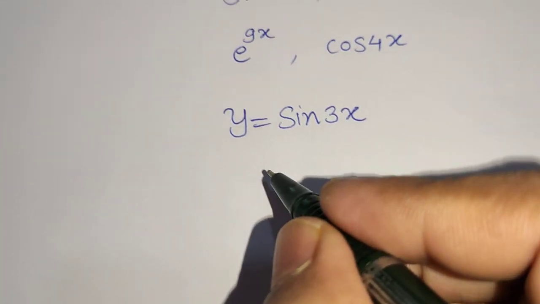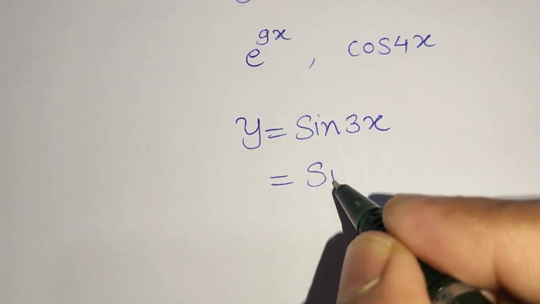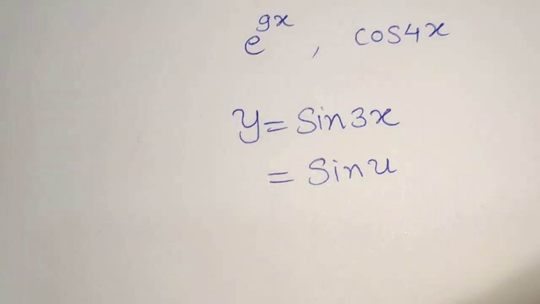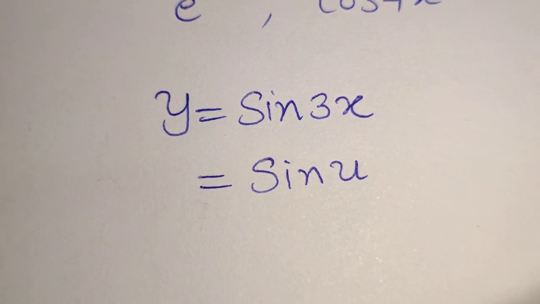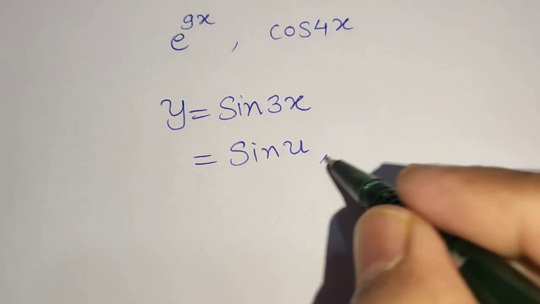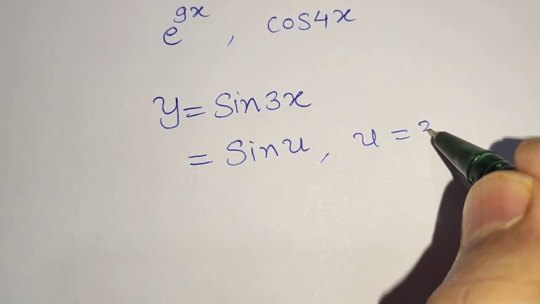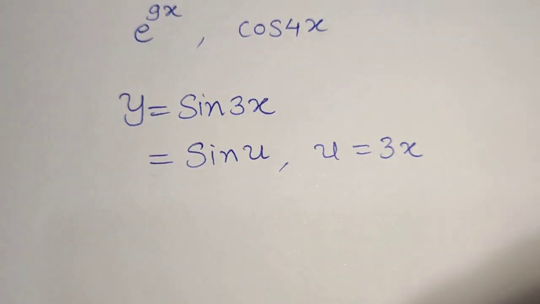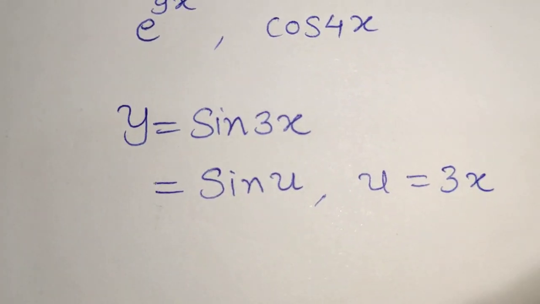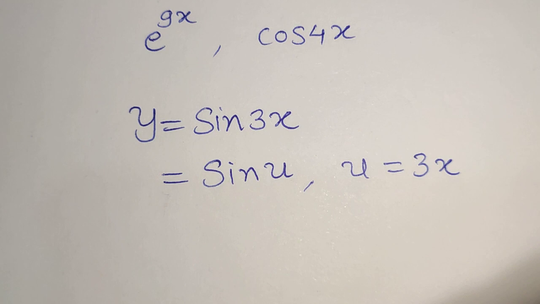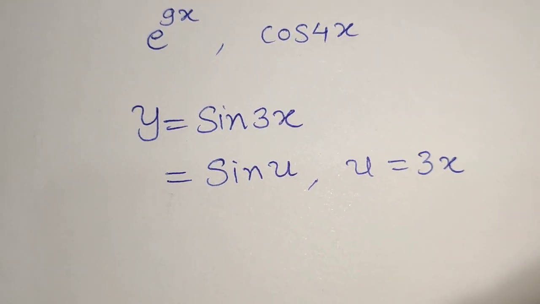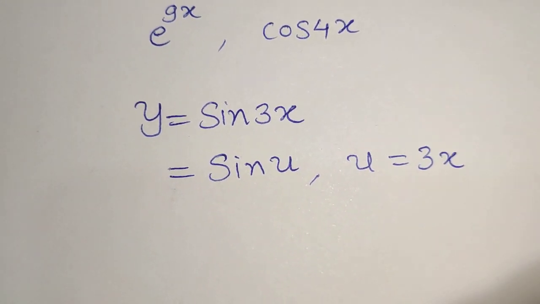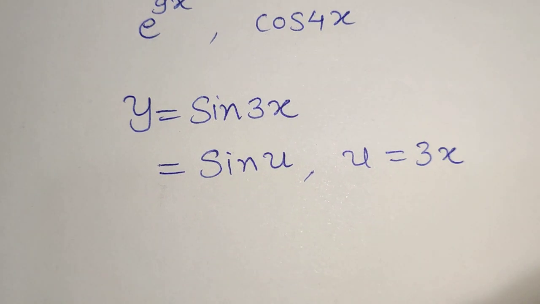So consider 3x as u, or any variable of your choice. I am choosing it as u, where u is equal to 3x. So what happens here is, we are assuming 3x as some new variable u, so it becomes sin u. Now we know the derivative of sin u.